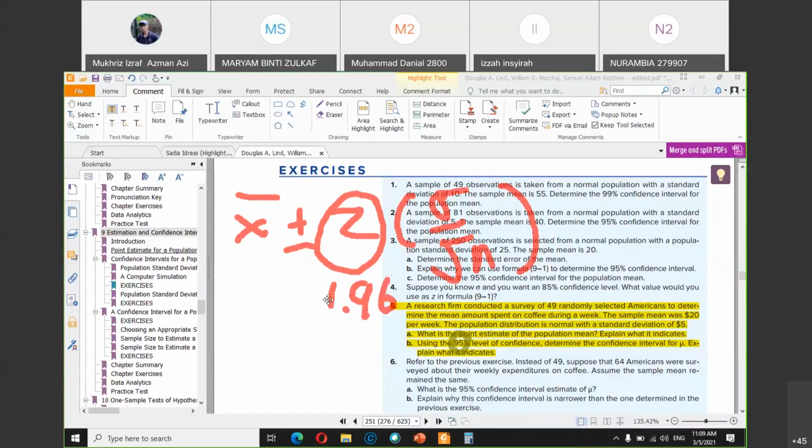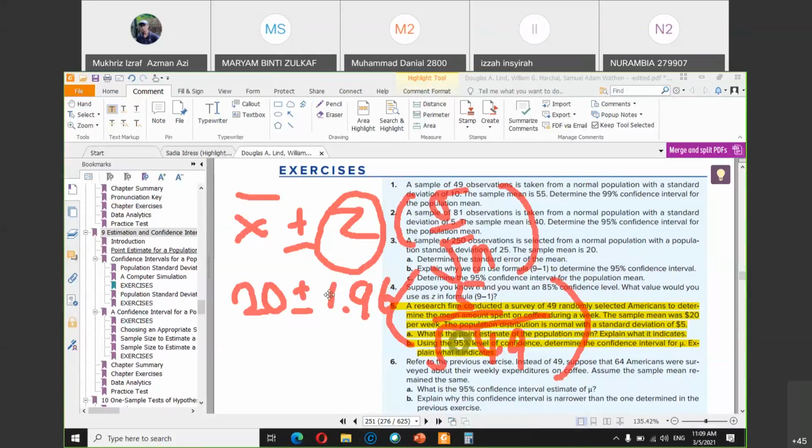Okay, so you just plug in, X bar is 20 plus minus 1.96 multiplied by sigma, which is 5, divided by the square root of 49, which is 7 again, but just to show that this is the formula.